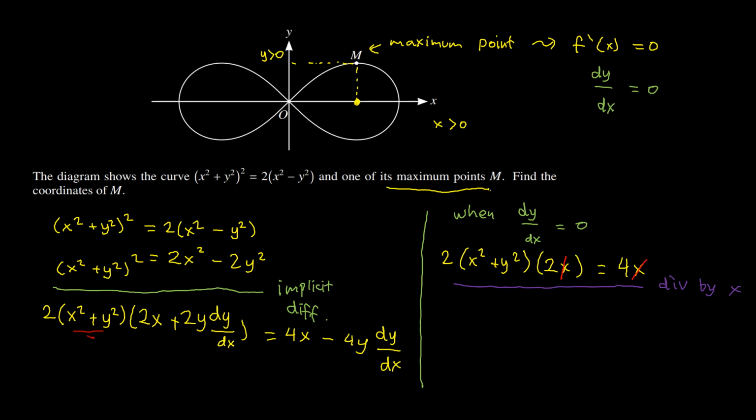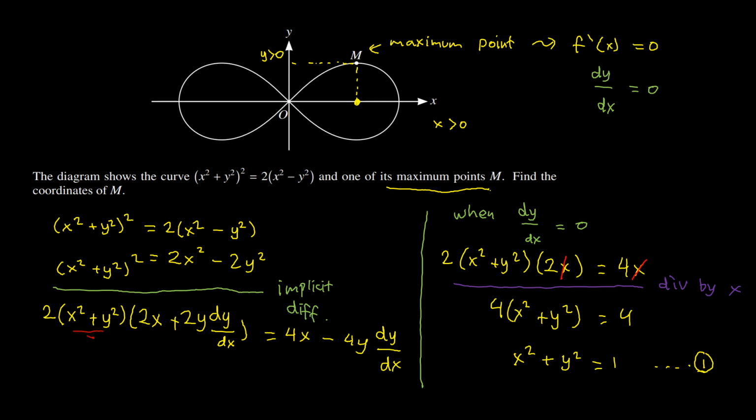And also, okay, let's write this first. So we'll have 4(x squared plus y squared) is equal to 4, and we can divide both sides by 4, so I will get x squared plus y squared is equal to 1. So let's have this as equation number 1. So we have the maximum point when x squared plus y squared is equal to 1. Okay, so now our slide is full.